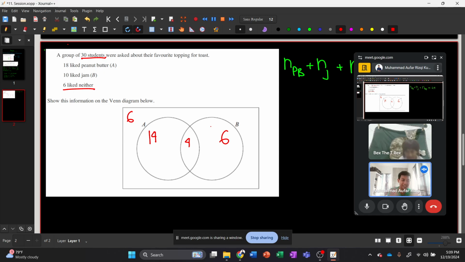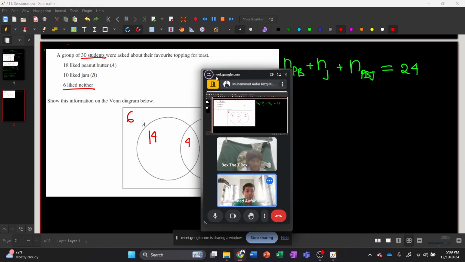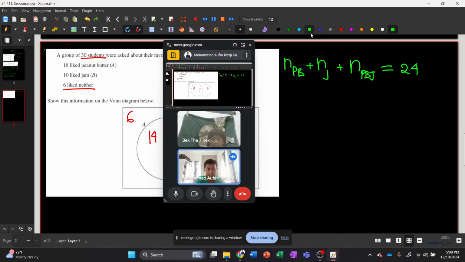Congratulations, Max. Now, mathematically speaking, you can write it like this. Let's assume that the number of people who like both peanut butter and jelly is x. We know that the total number of people who like peanut butter is 18.